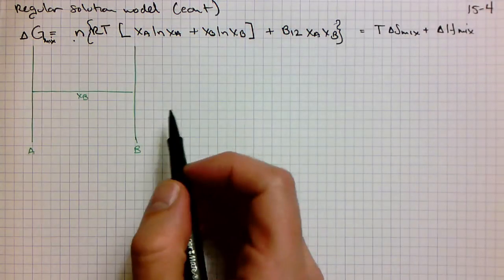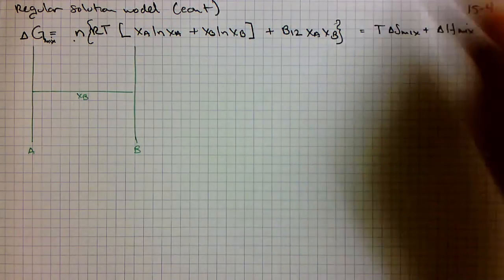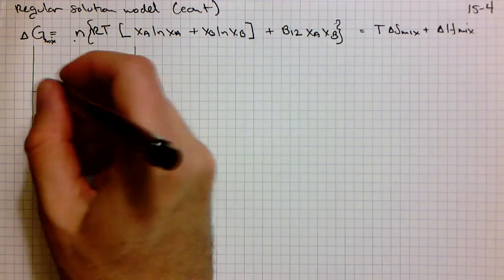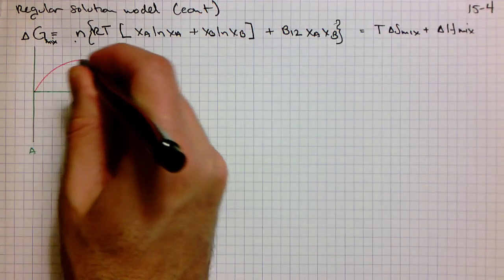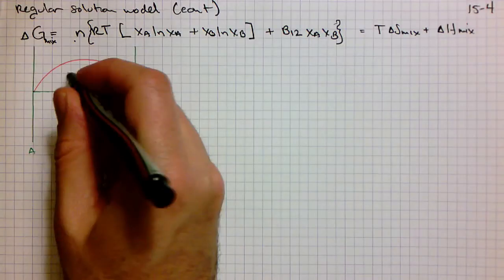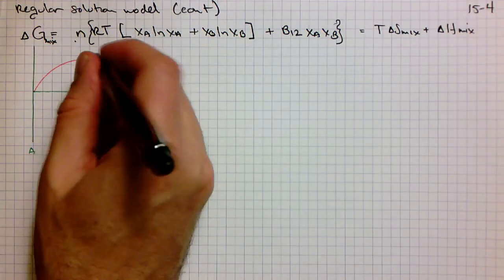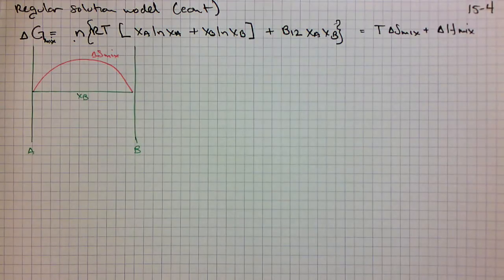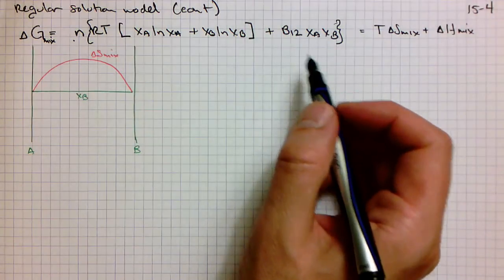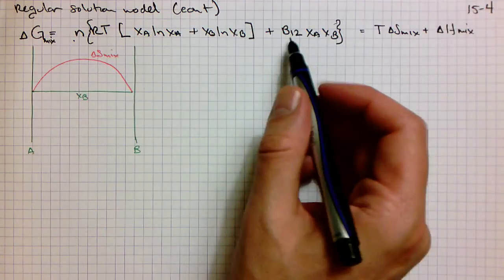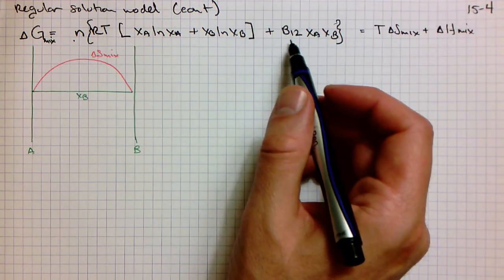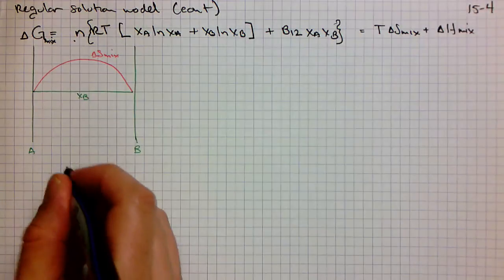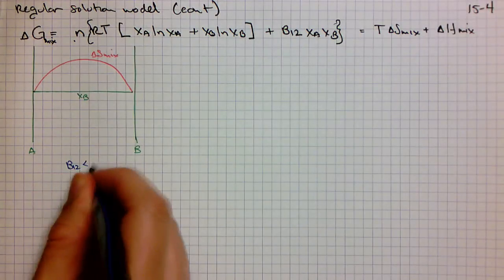And the delta S of mixing is positive. The entropy is highest in the middle, it's 0 on the end, so this is our delta S of mixing. Our delta H of mixing can have either sign. It depends what sign we have for B12. So here we're going to consider the case where B12 is less than 0.